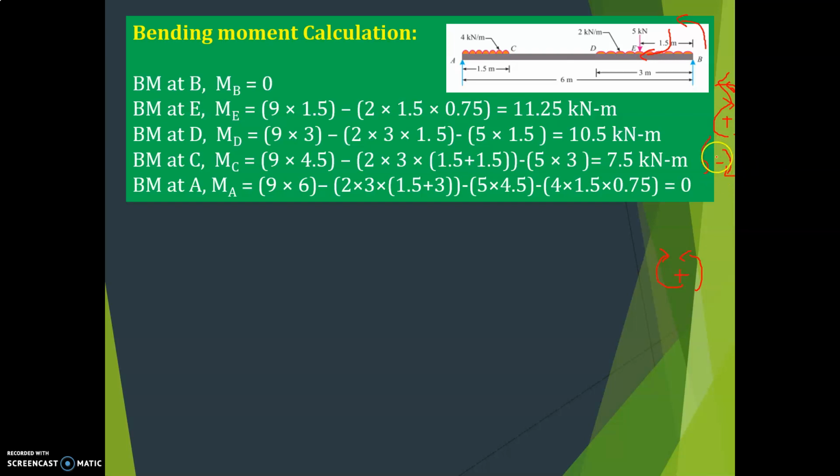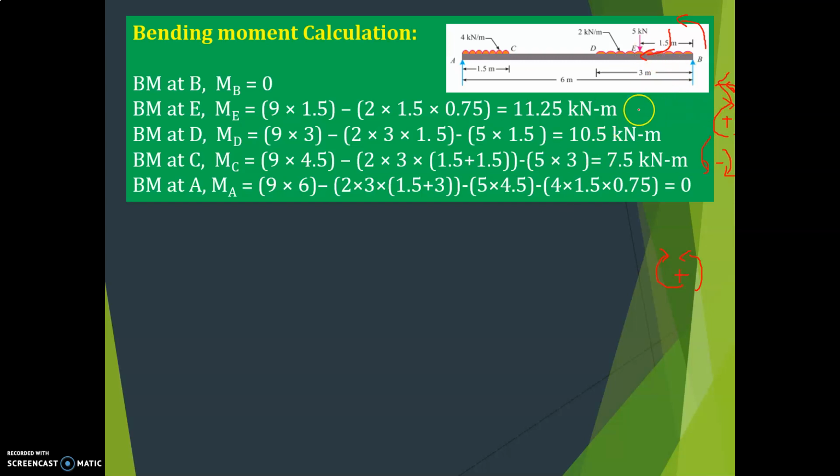So right side clockwise, that is minus. So minus 2 into 1.5 into half of 1.5, because this is bending moment. So you have to calculate force into perpendicular distance. First step is 2 into 1.5, converting UDL into point load. Then again you multiply by half of the distance.